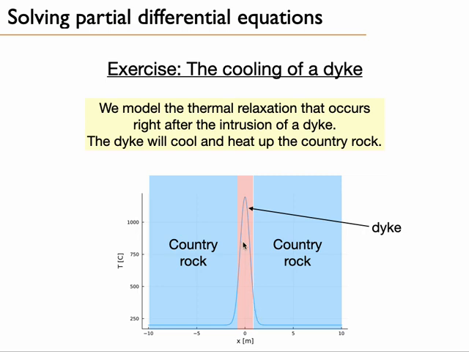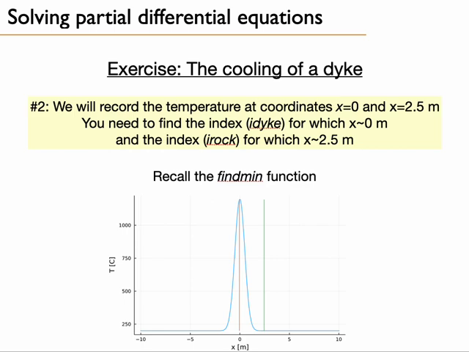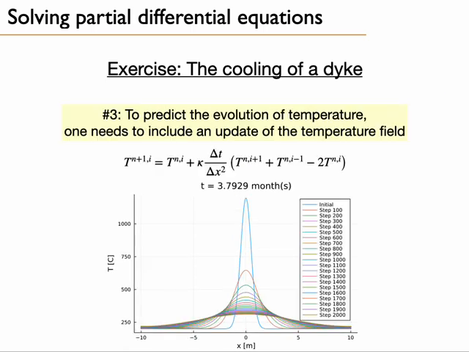And we will study how the heat is going to diffuse inside the country rock and how the temperature of the country rock is going to evolve in response to intrusion of a dike. So these will be the details of the model, the initial condition, and we will go step by step during the exercise session to solve the questions which are being asked.